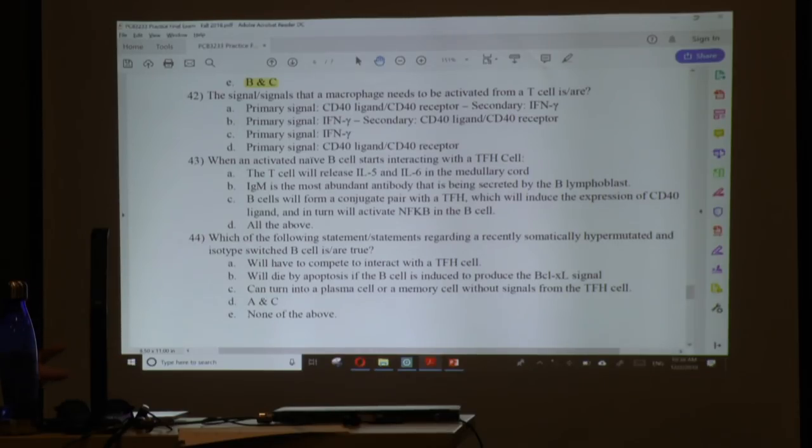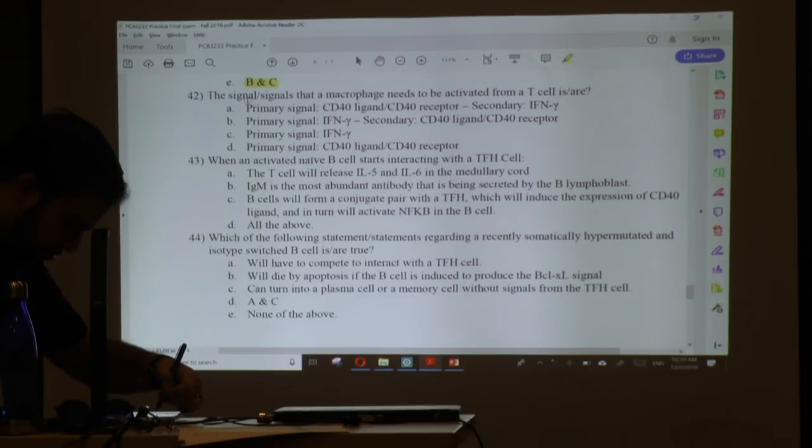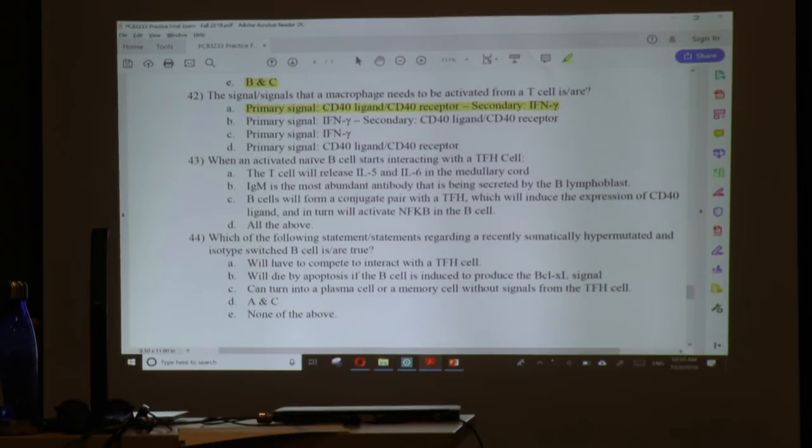And then the second one is that Th1 T cell secreting interferon gamma that then binds to the macrophage. All right? So then what you need is, yes, this one. Make sense? Yes? Okay.